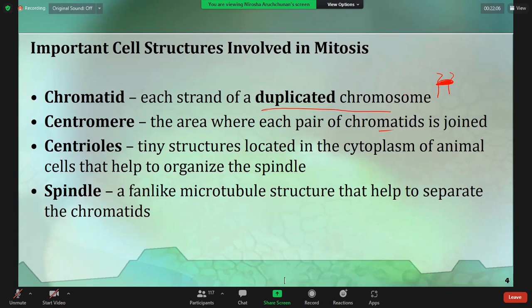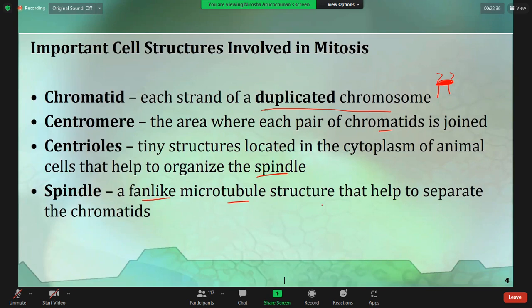Centrioles: we just discussed centrioles. Centrioles are tiny structures located in the cytoplasm of animal cells that help to organize the spindle. And the spindle is a fan-like microtubule structure that helps to separate the chromatids.